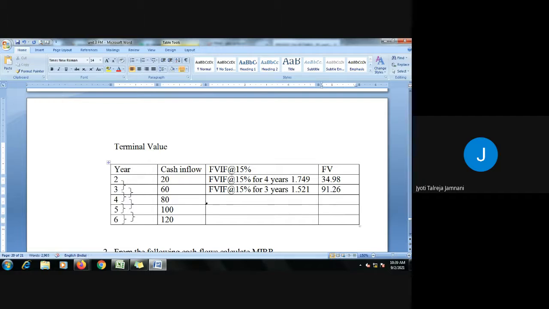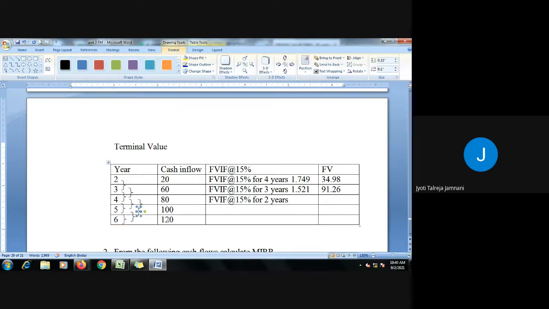Similarly, we'll do the future value interest factor at 15% for 2 years now. You can see this from fourth year to fifth year and from fifth year to sixth year. There are only 2 years, so fourth to fifth and fifth to sixth are the 2 years that we are going to use.